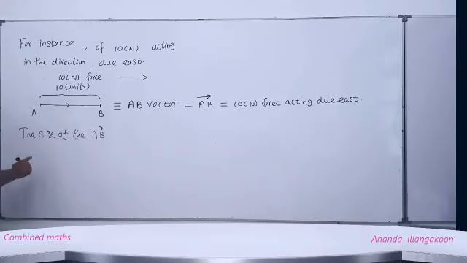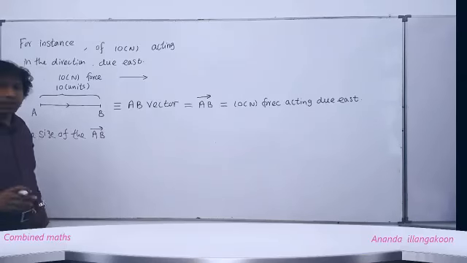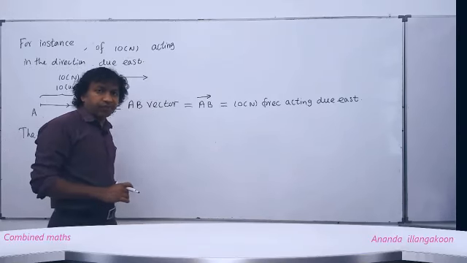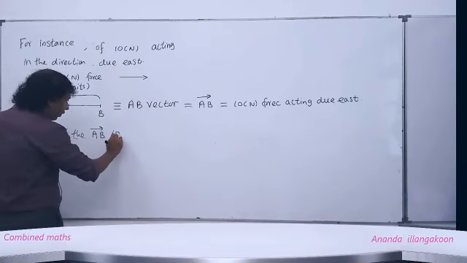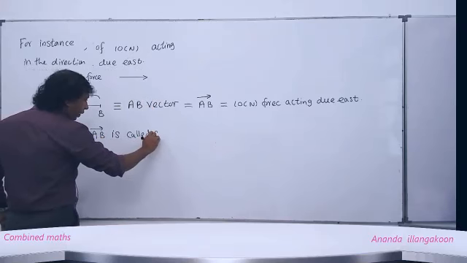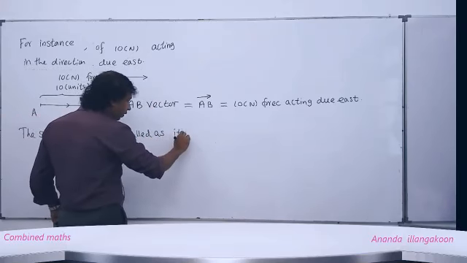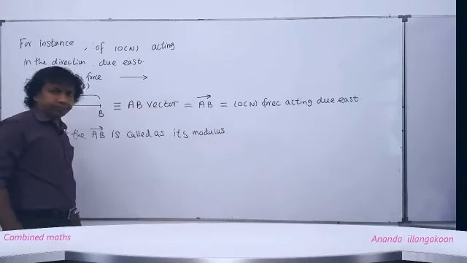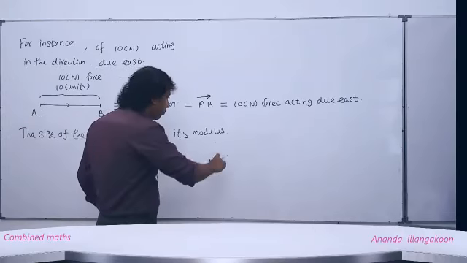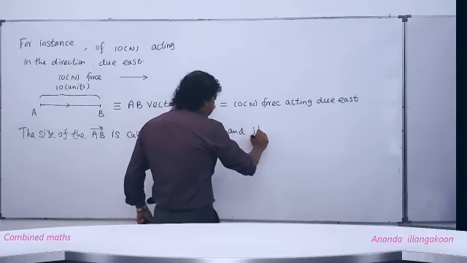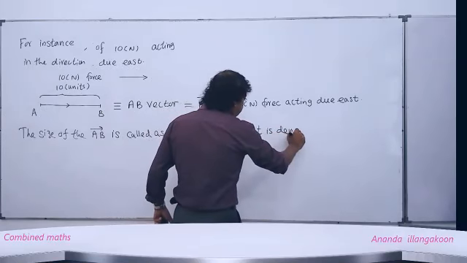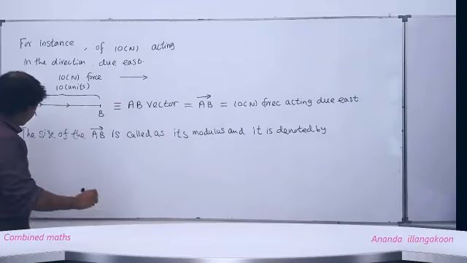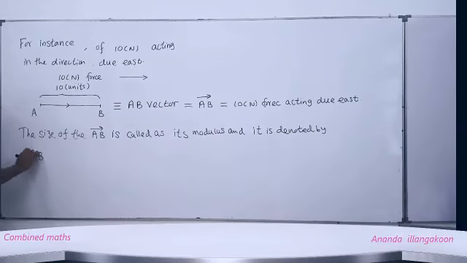People, write down this one: the size of the vector AB is called its modulus, and it is denoted by the AB vector modulus.